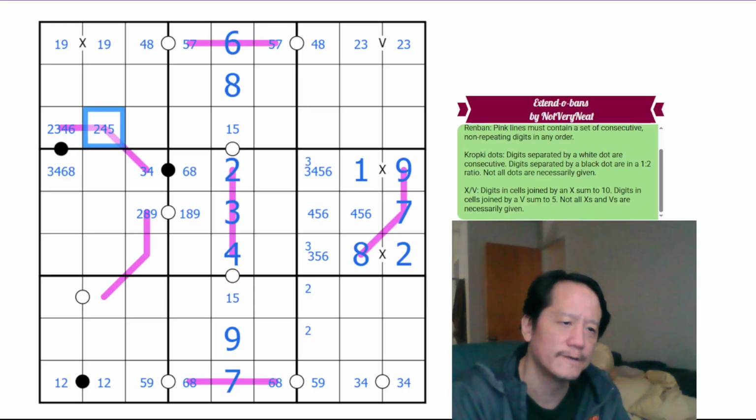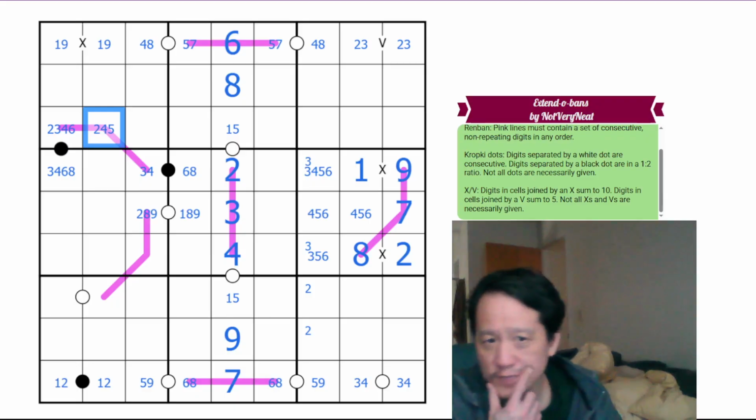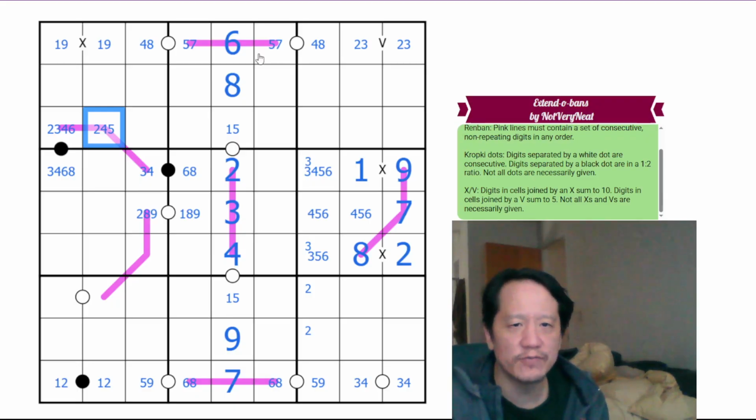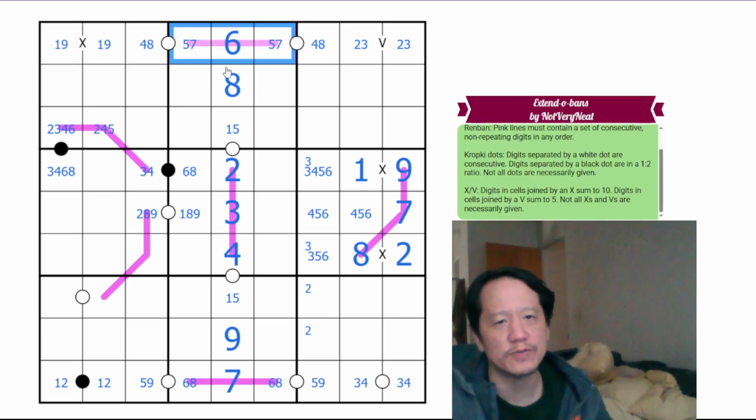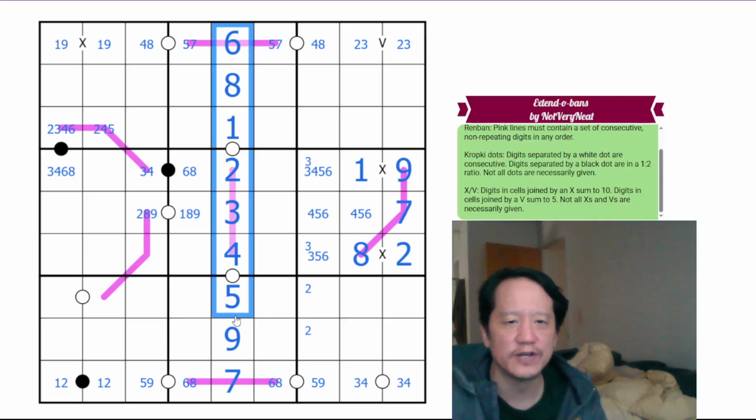That could work. 4 and 8 would force this to be 3 and 6, and that would be 2 or 5. 6 and 3 would force this to be 4 and 8, which would force that to be 5. Oh, this 5, 7 pair eliminates 5 and 7 in the rest of the box, so this can't be 5, it's 1. Oh, we could have gotten that much earlier.